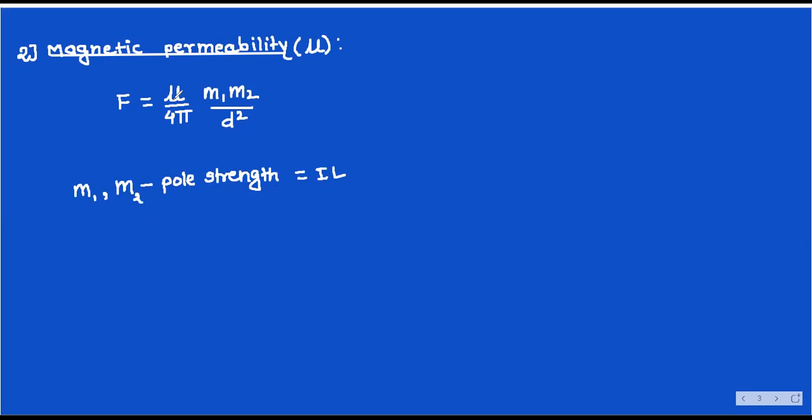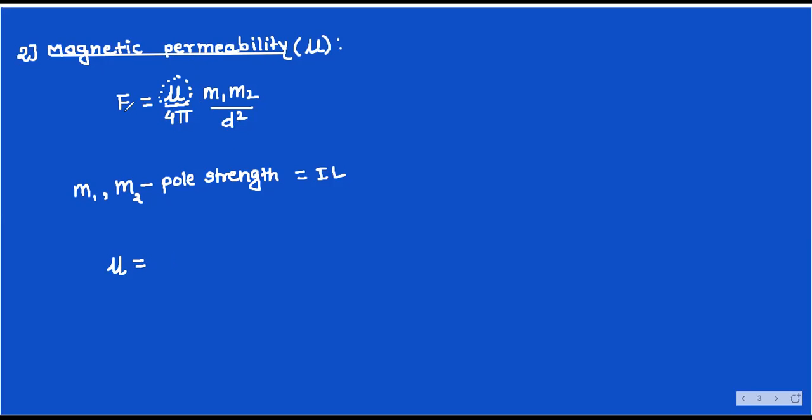Mu is permeability, d is distance, F is force. And now what do you want? You want the dimensions of this mu. But this 4 pi is constant, so we don't want this. So let's create the formula for mu.